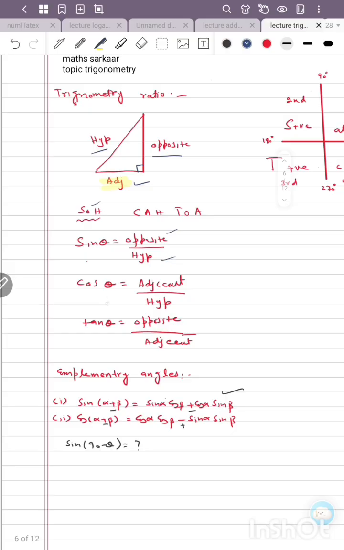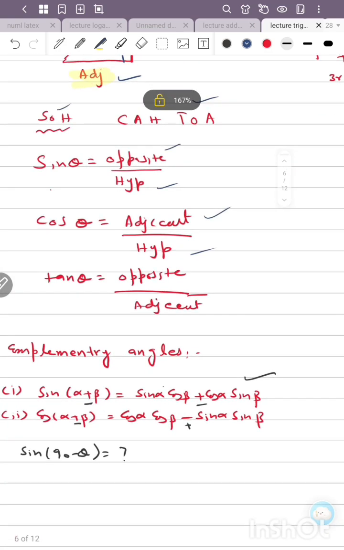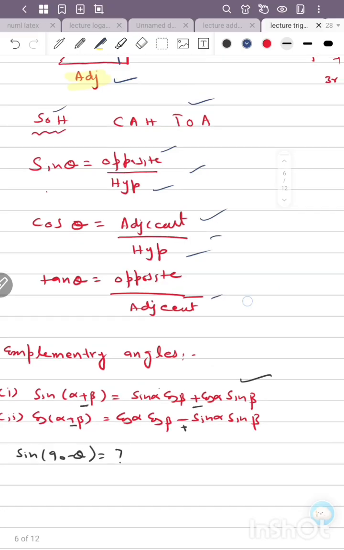Similarly, cos theta is A, our adjacent, over H, our hypotenuse. Similarly, we have tan theta, where T means tan theta, here O means opposite and A means adjacent. We got these three formulas.